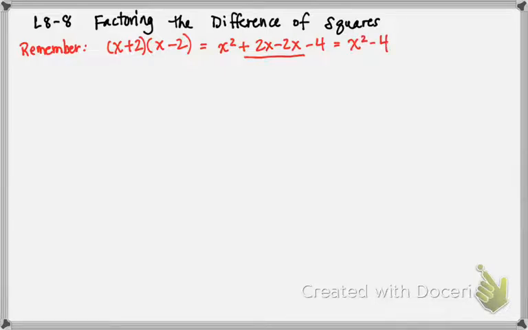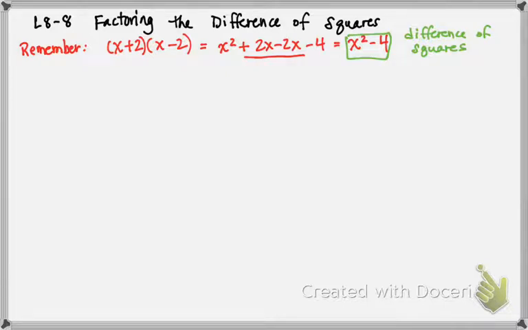The answer that I get, this guy right here, is called the difference, because of the subtraction, of squares, because both of the terms in this binomial answer is a perfect square.